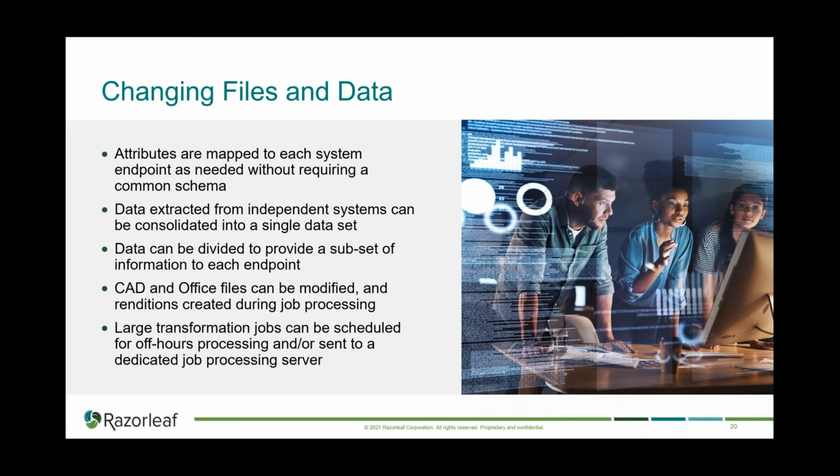Changing files and data. This is a nuance, and you'll hear different things from different vendors, right? But there was this big push towards enterprise service bus, ESB, 5 to 10 years ago, right? But it presented a difficult challenge, and you had to canonize your data, right?